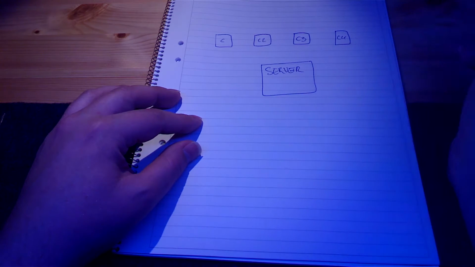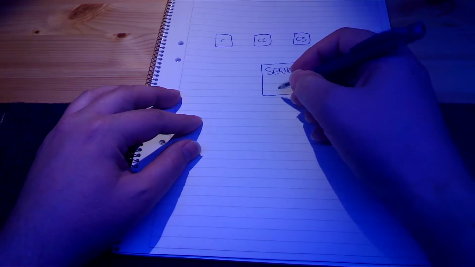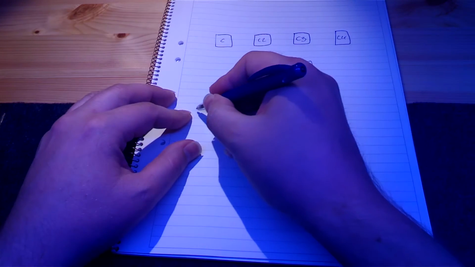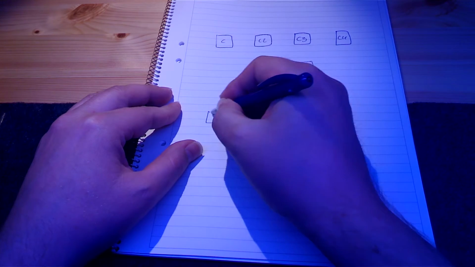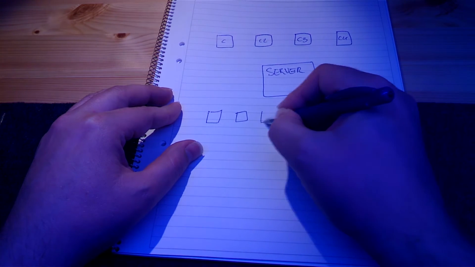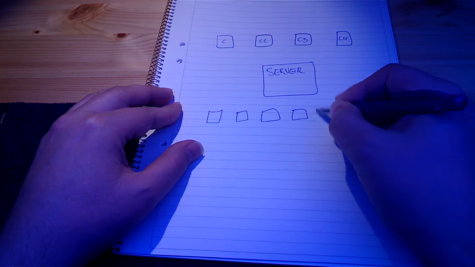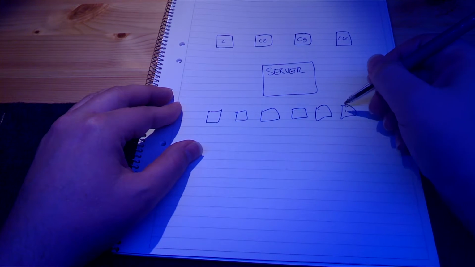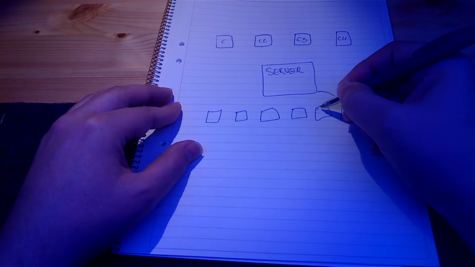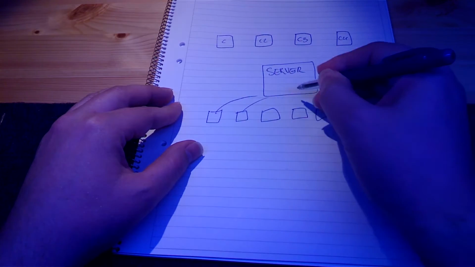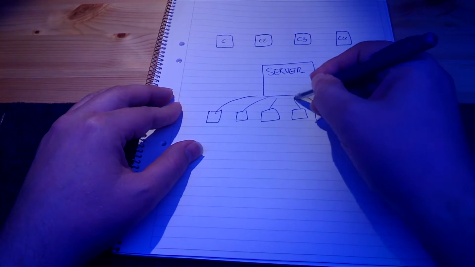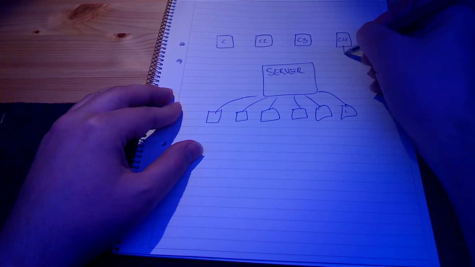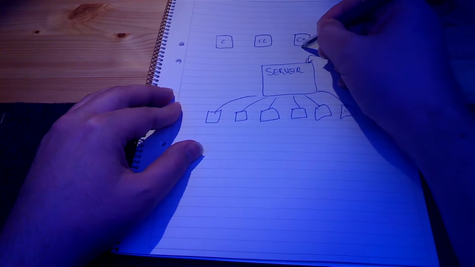In this server, it was connected to users 1, 2, 3, 4, and so on. We had many users pumping files into here, into there. And the clients also put files in here.